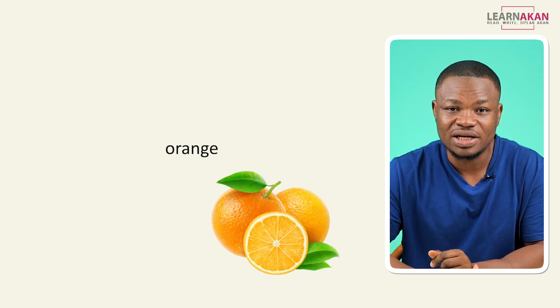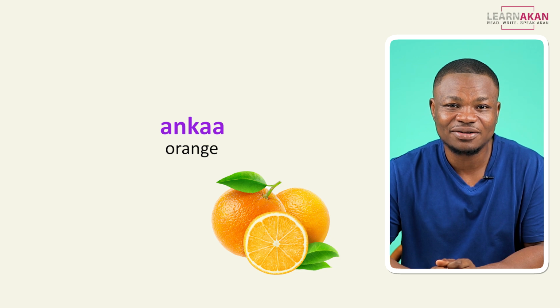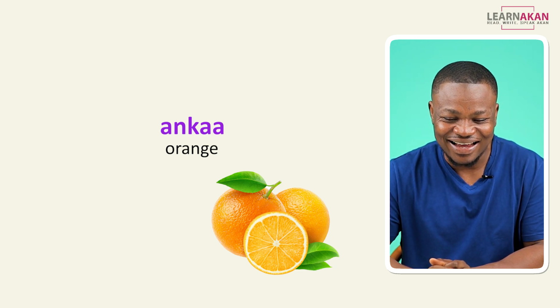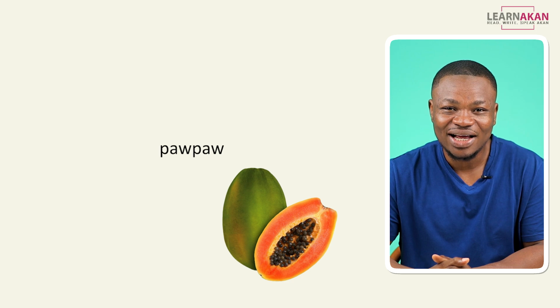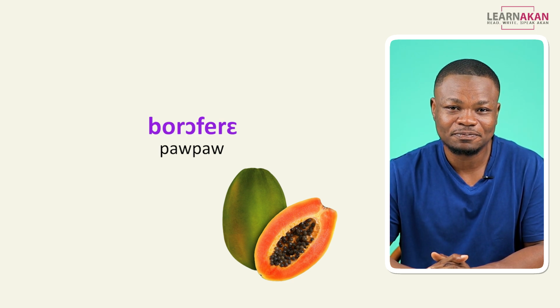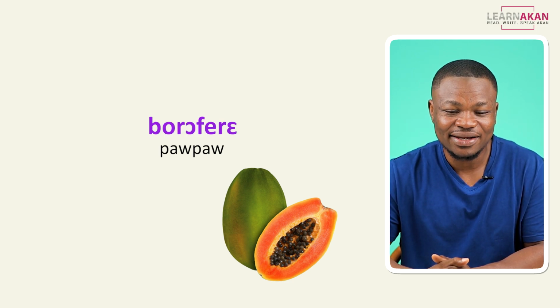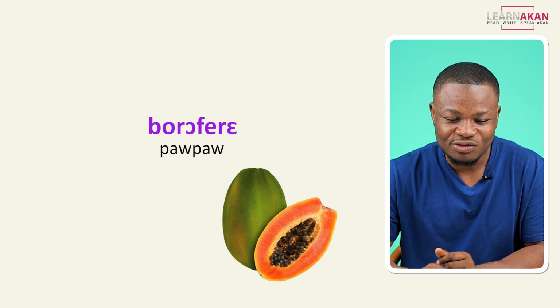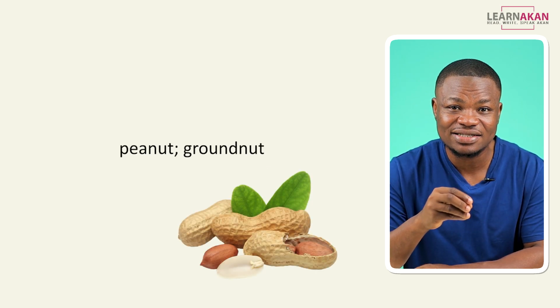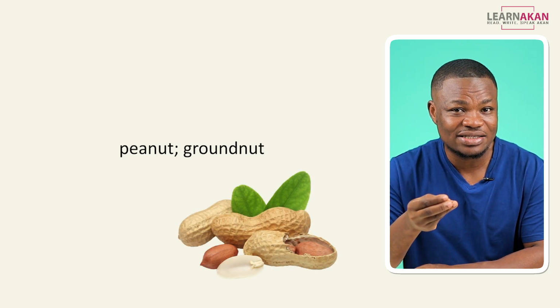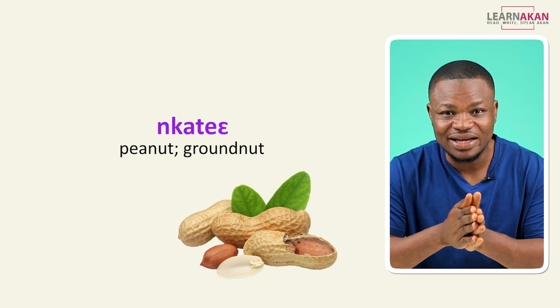Next we have orange, and that is akan. We have pawpaw, and that is bofre. And then we have peanuts or groundnuts, and that is nkatie.